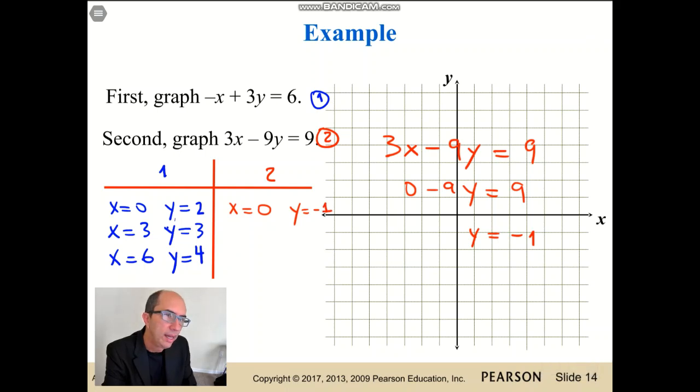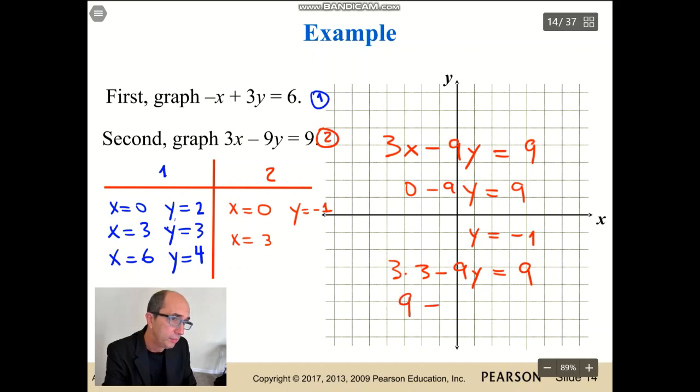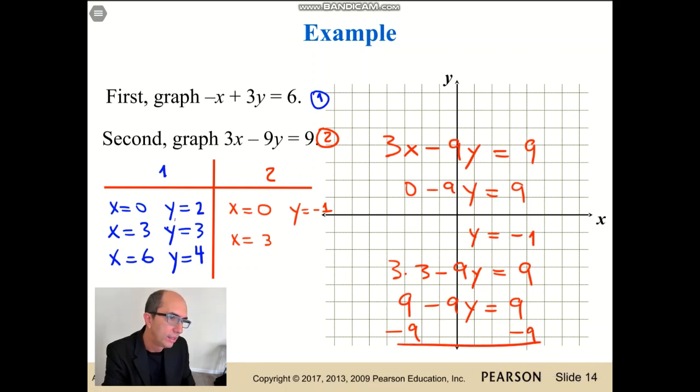Now let's say x equals 3. If x equals 3, 3 times 3 minus 9y equals 9. 9 minus 9y equals 9. And you can subtract 9 from both sides. At the end you're going to find out that y equals 0.